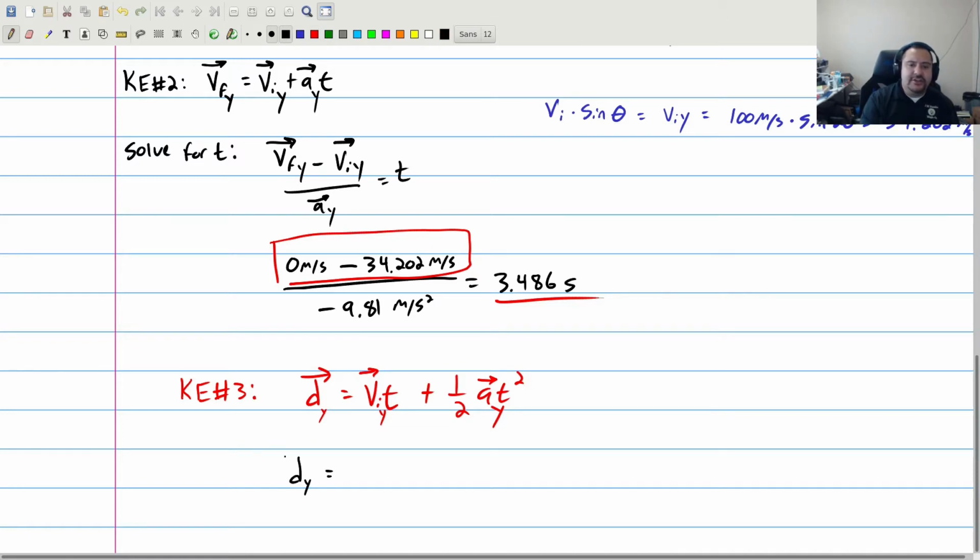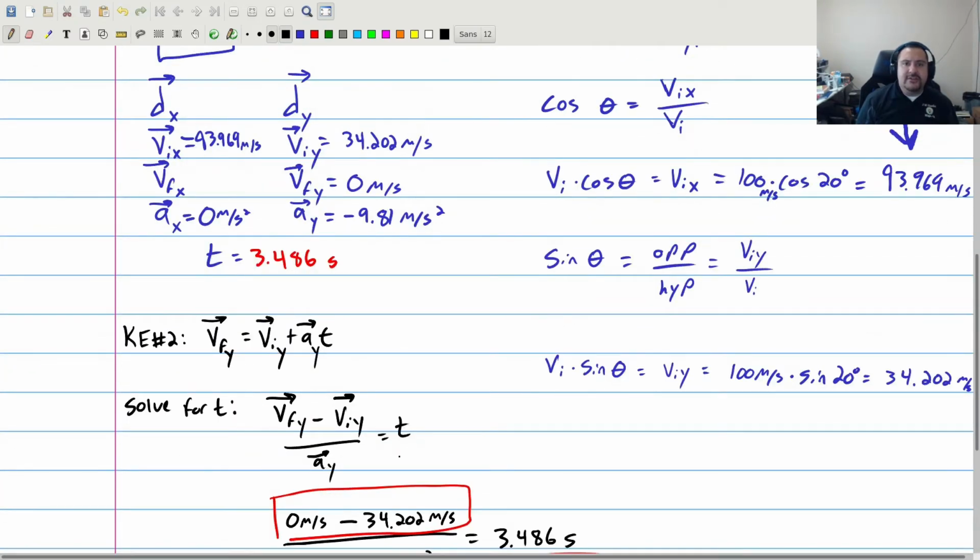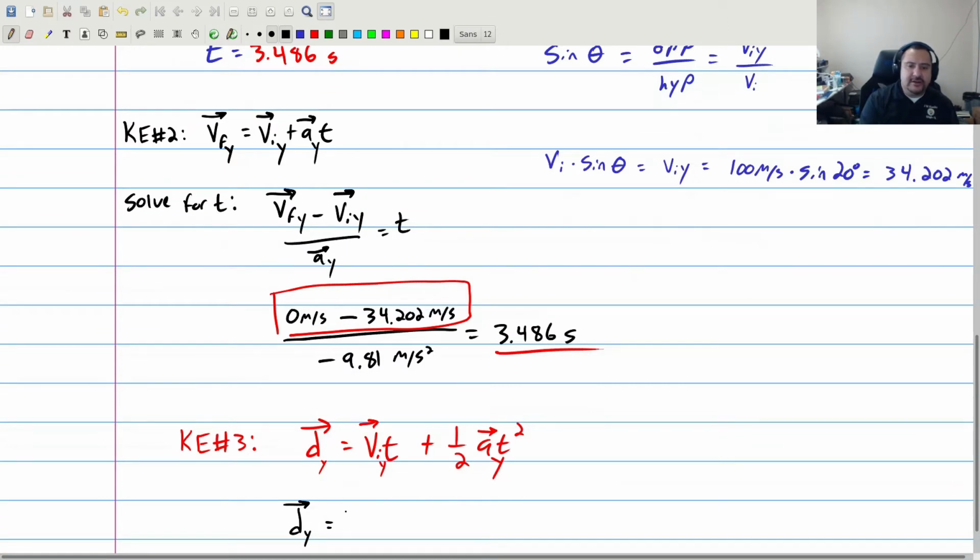Displacement in the y direction is equal to v initial y, which was 34.202 meters per second, times our time we just calculated, 3.486 seconds, plus 1/2 times a negative 9.81 meters per second squared for a y, times the time we just did, 3.486 seconds, squared.